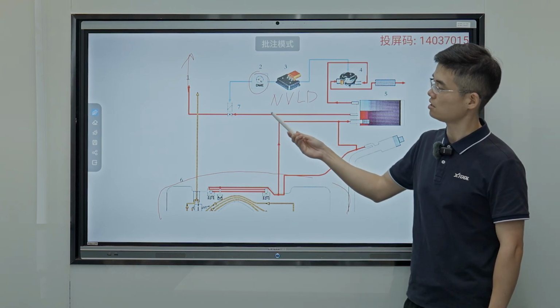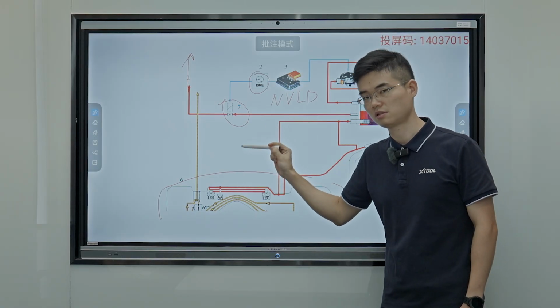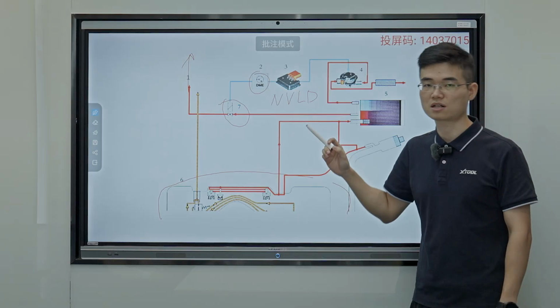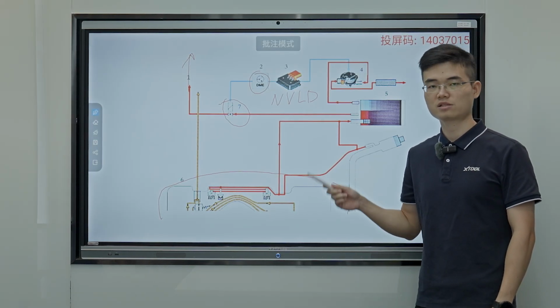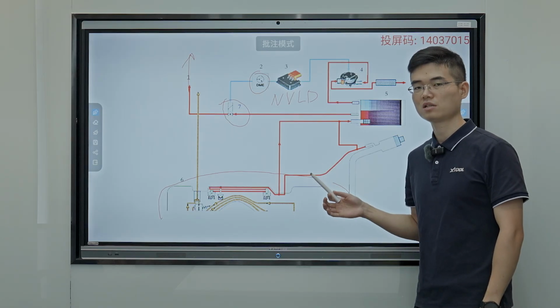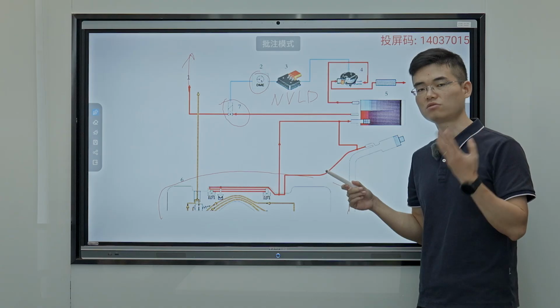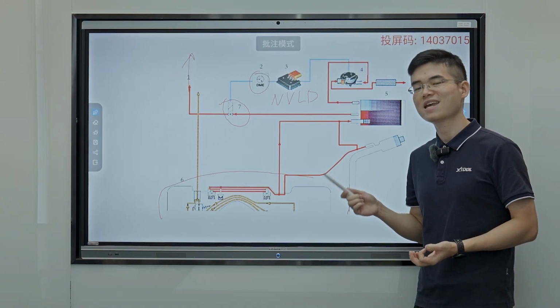Another condition is the fuel tank vent valve should be closed. It's very important before we perform the fuel tank leakage diagnosis. Then the bus terminal state should be either the running state or sleep mode. In other words, the vehicle should be just running or powered off over 10 minutes.